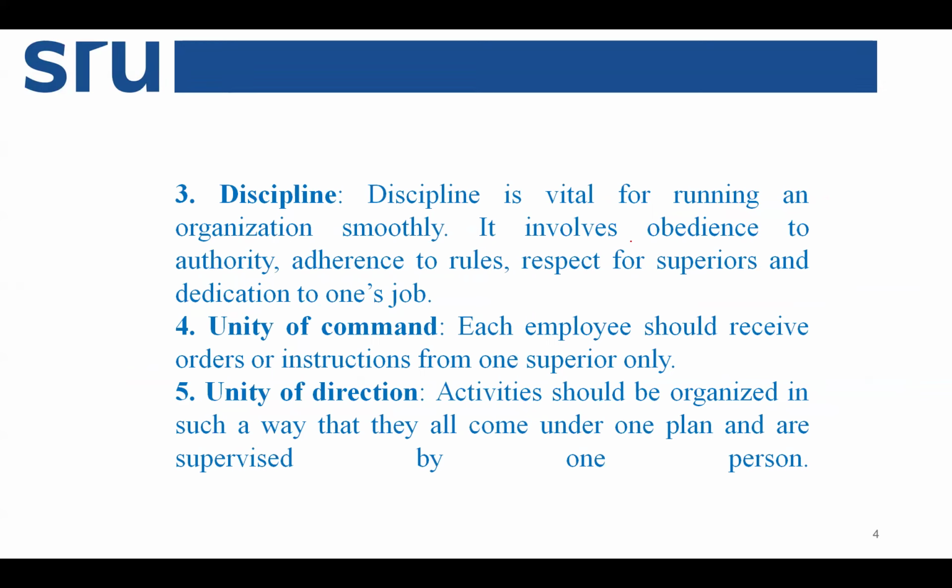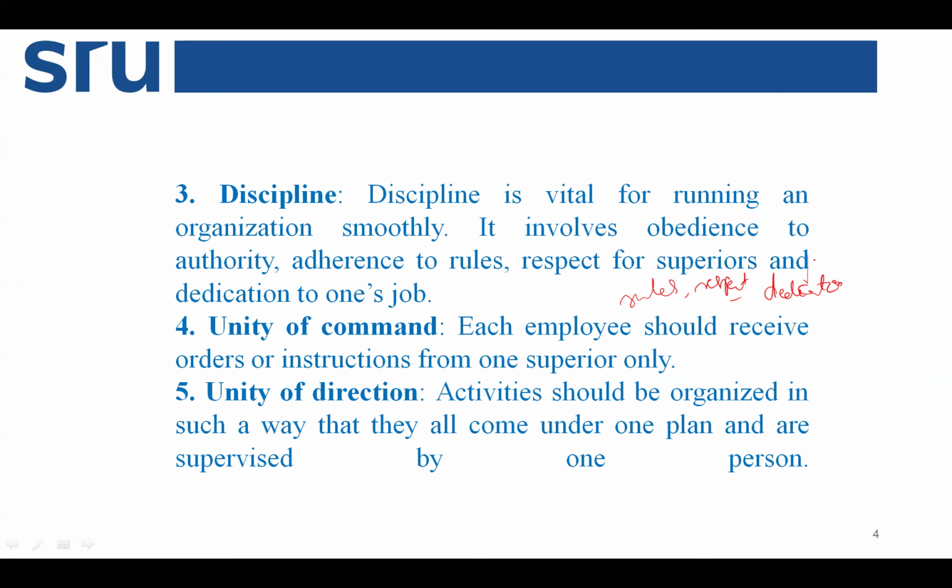Discipline is fundamental for any organization to function smoothly, and it involves the obedience of the staff, regularity, adherence to rules, respect for superiors, and dedication. Basically, how one can work dedicatedly.